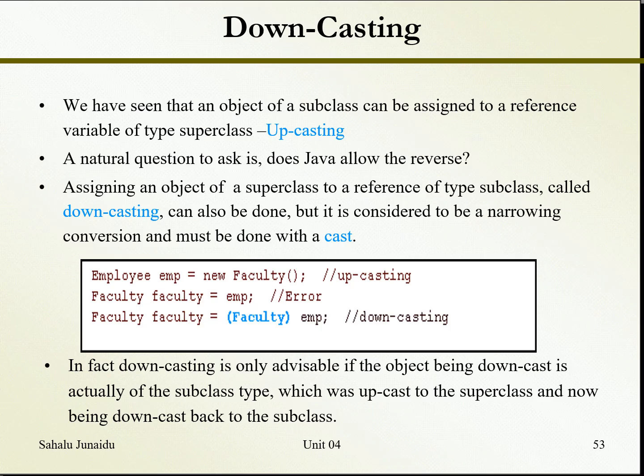So which was upcast to the superclass and is now being downcast back to the subclass, like this one now. Faculty is assigned to a reference of type employee. And we said, is it possible now to reverse it back, to say, okay, this is an employee, this is a faculty, which is a subclass, and now bring the superclass type and assign to this?